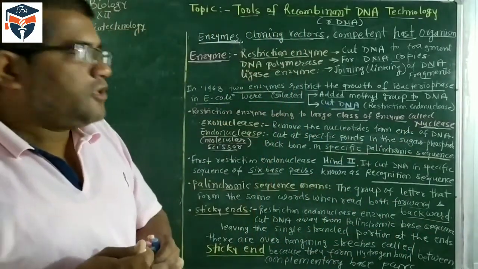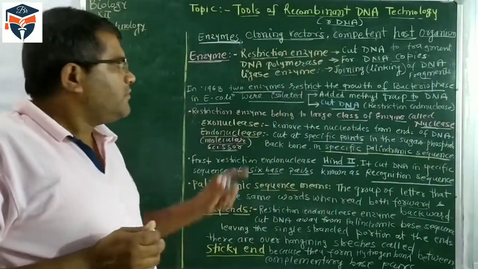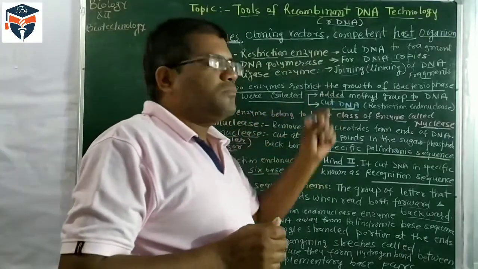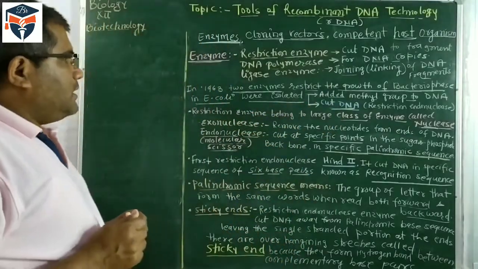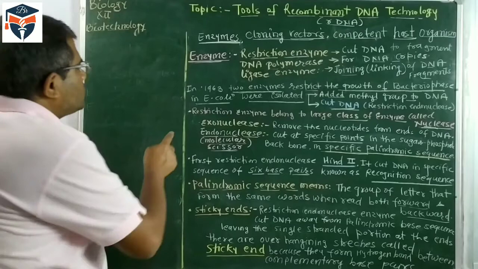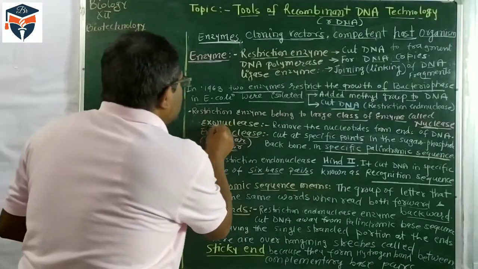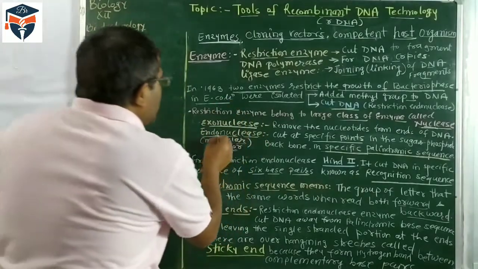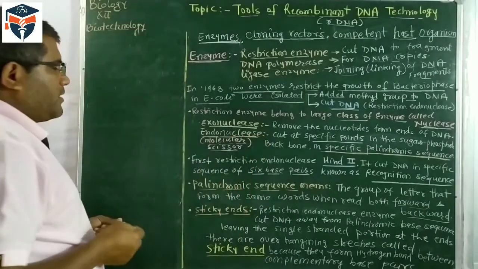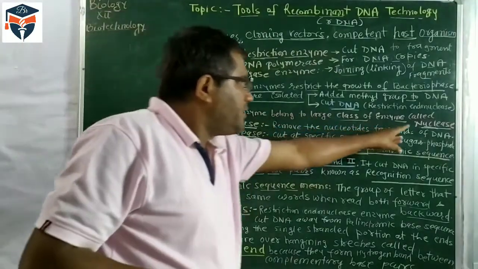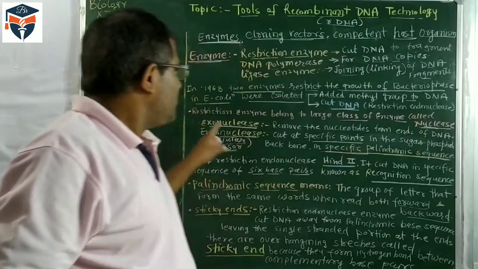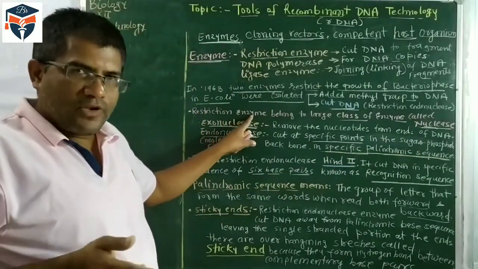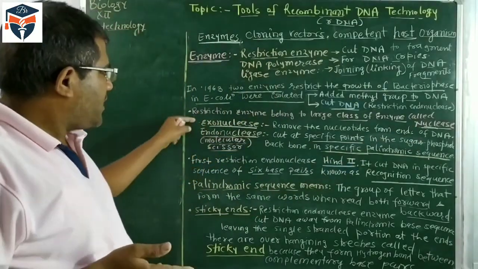Nuclease enzymes are the restriction enzymes, and they cut the DNA molecule. In nuclease enzymes we have to study exonuclease enzyme and endonuclease enzyme. That's very important. These restriction enzymes are of two types.